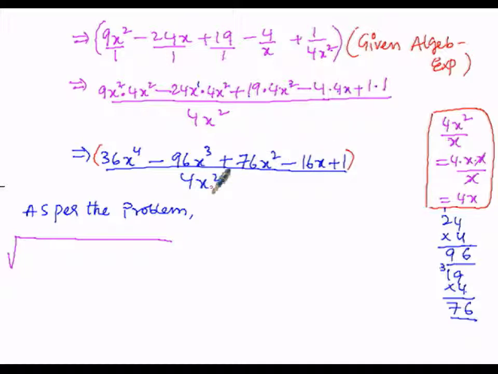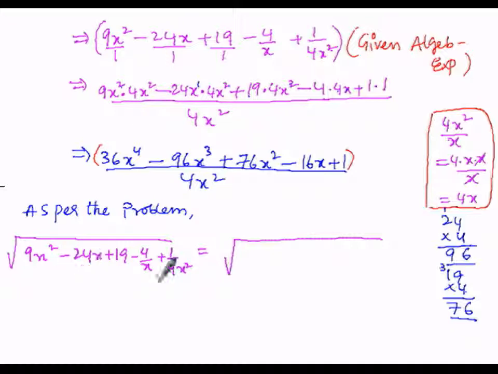So we have to find out the square root of the given expression, 9x square minus 24x plus 19 minus 4 by x plus 1 by 4x square. We have to find the square root of the result which we got. This is the given algebraic expression.